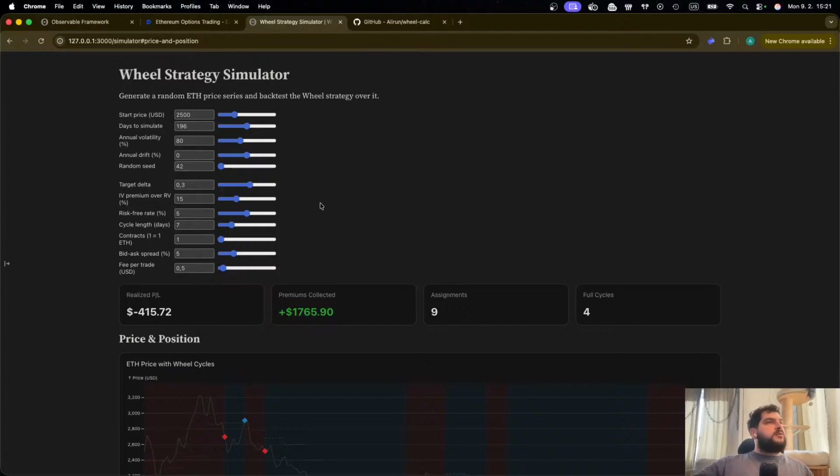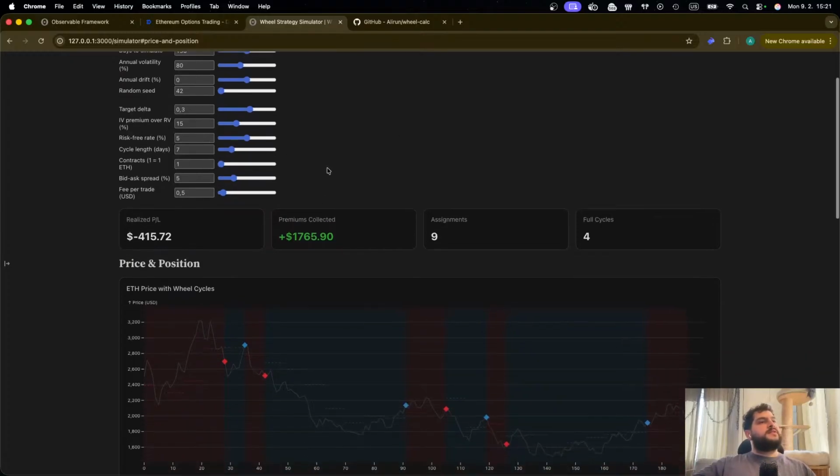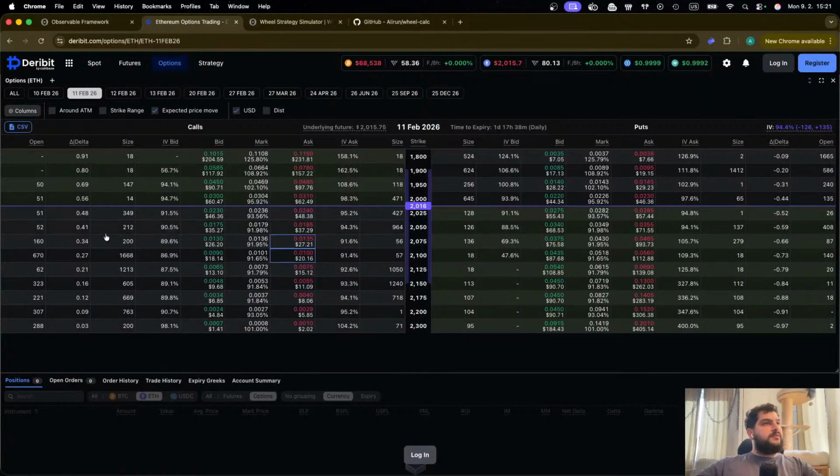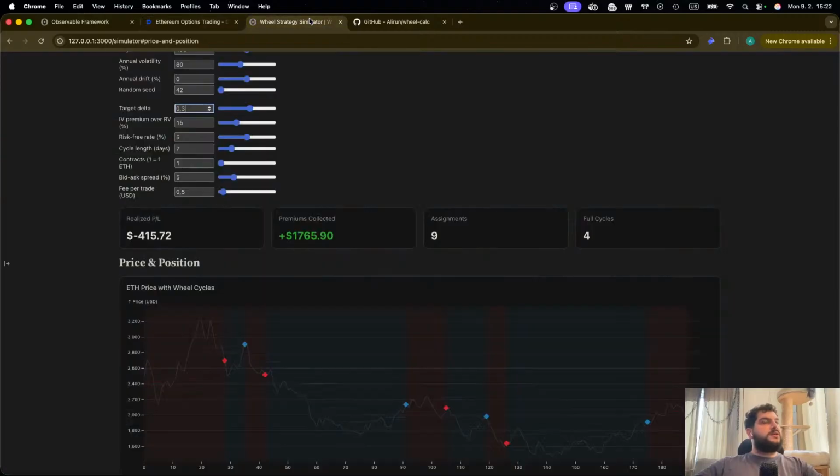More params now. Target delta is 0.3, which is very close, I think. Very close, very risky. That's why we still have this here, you can see. What if we do it like this? Then we are more profitable.